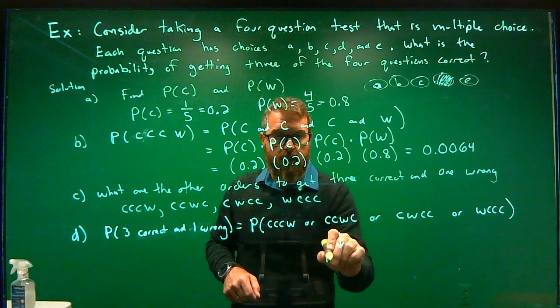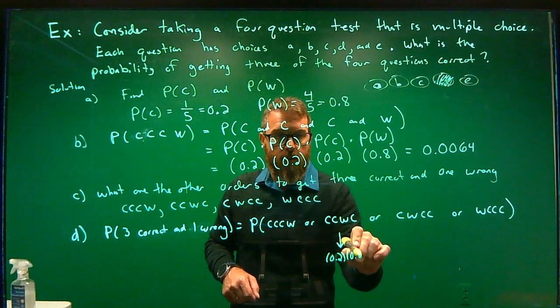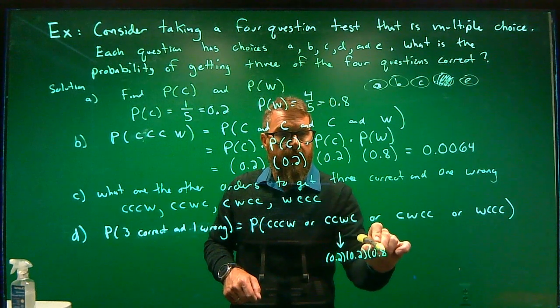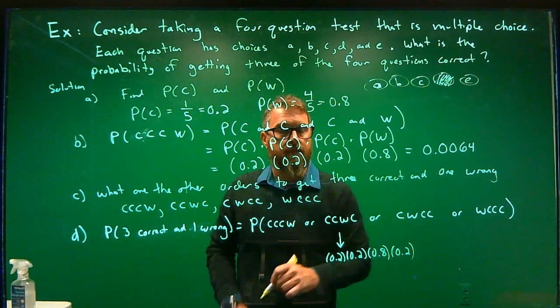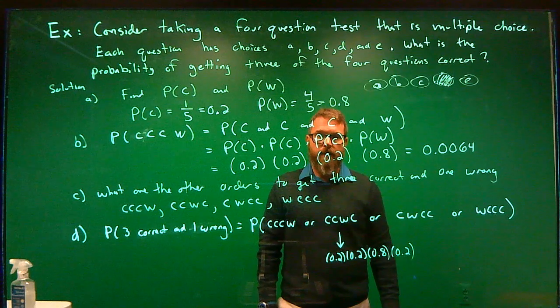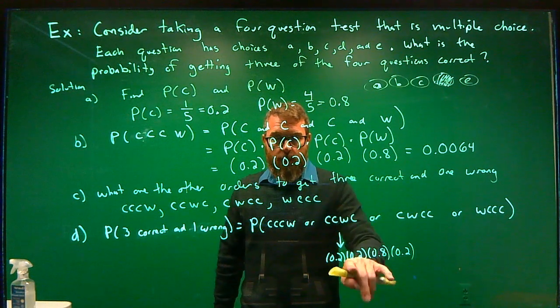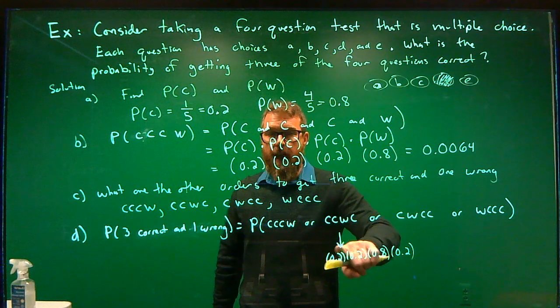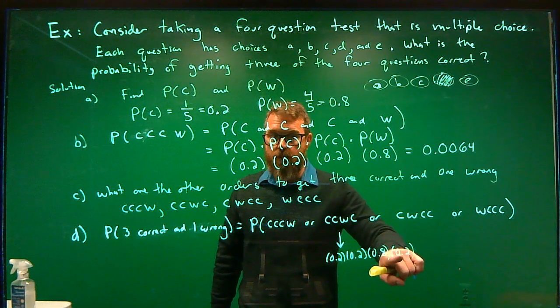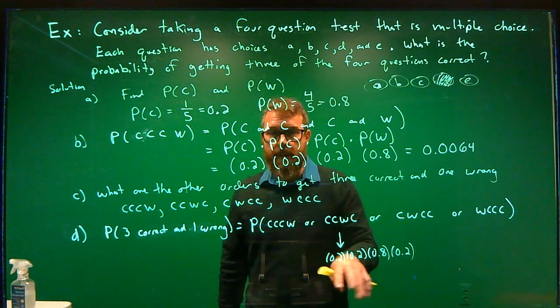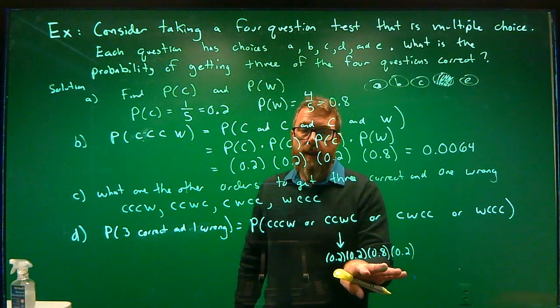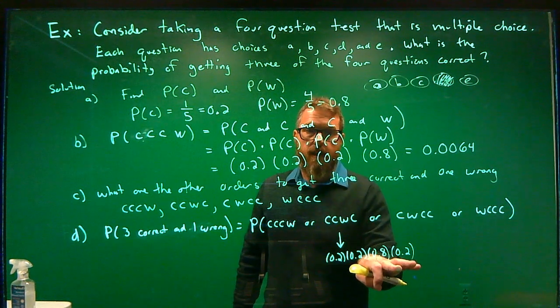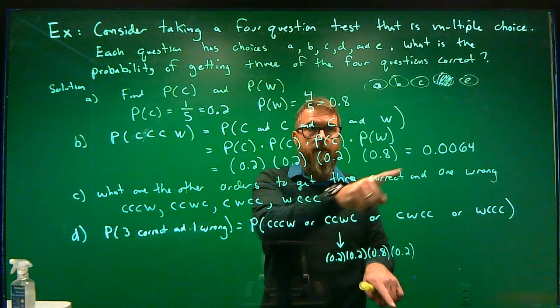So this is going to be 0.2 times 0.2 times 0.8 times 0.2. No matter what, we are going to get 4 products where I'm going to have 3 0.2s and 1 0.8. And since multiplication is commutative, it doesn't matter where that 0.8 is. This probability is still going to be the same thing as this.